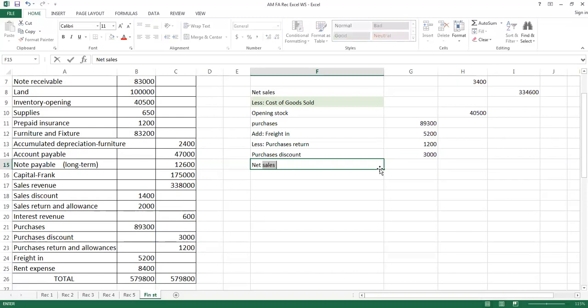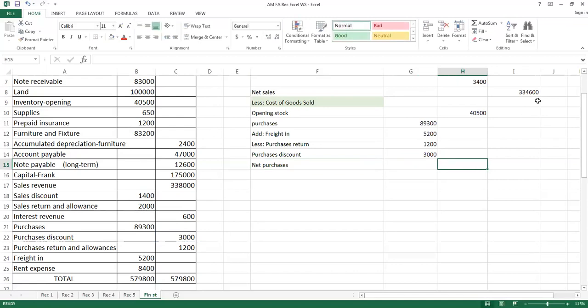So the sum of this information will be taken as net purchases. To get net purchases, carefully check. We will add transportation in it, and we will minus purchases return and purchases discount.